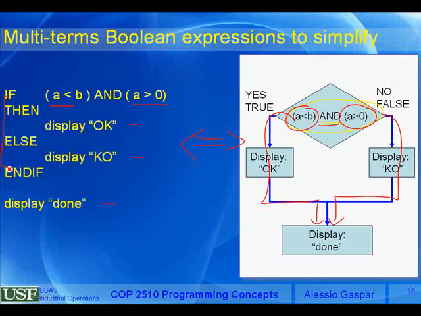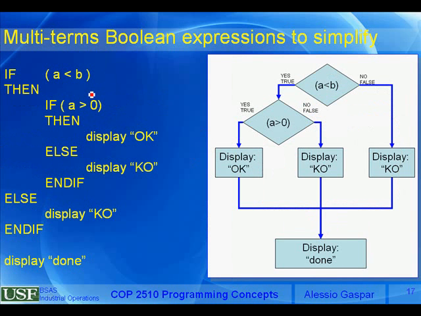Okay, it's relatively compact. But I've been using a Boolean expression with two terms and an AND logical operator. Let me try to remove this AND logical operator. Can I rewrite my program differently without using the AND logical operator, but instead using two different conditionals?